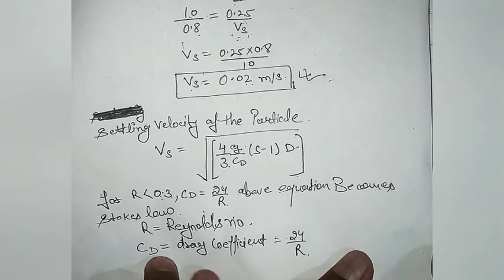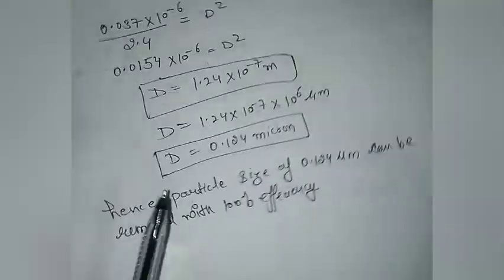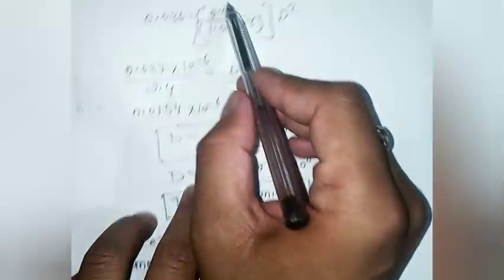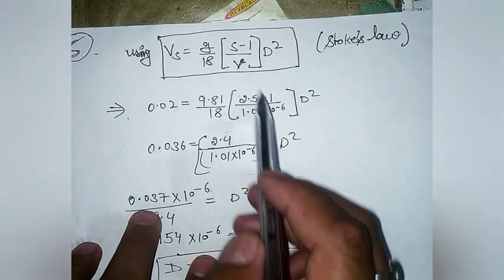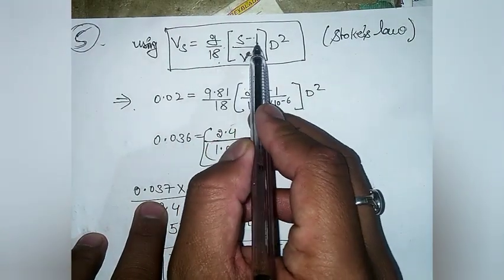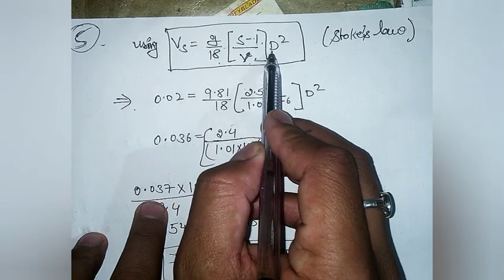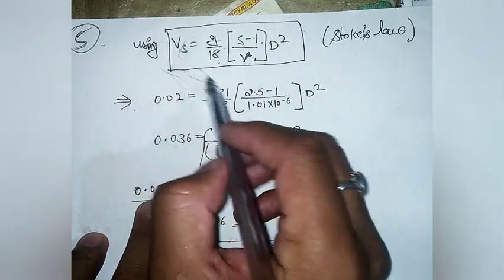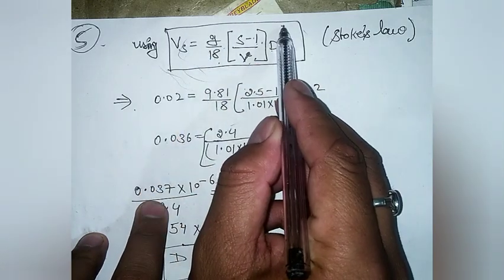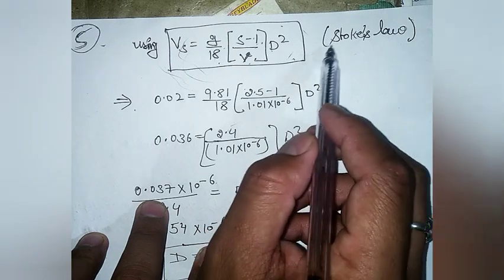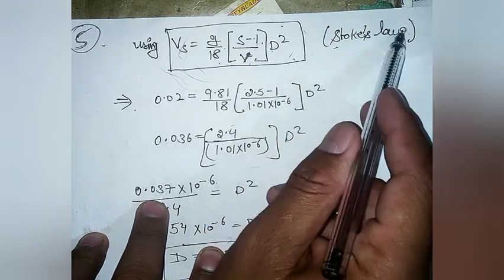For this case we are going to use the equation Vs equals g over 18 times (S minus 1) over nu multiplied by D square. What we are assuming is the Reynolds number to be less than 0.3 here. So this becomes the Stokes law.